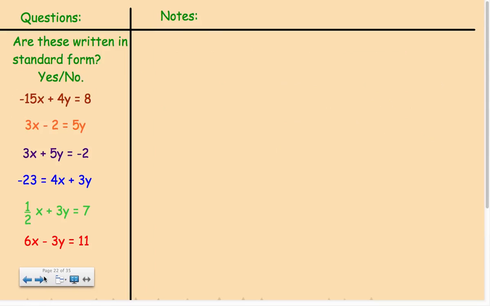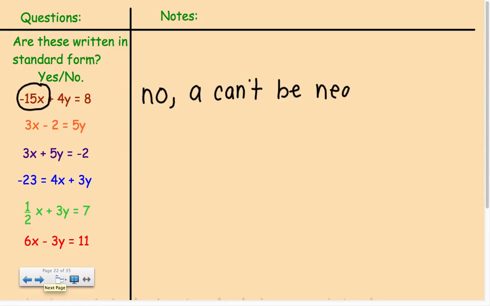Let's look at some standard form examples and figure out whether or not they truly are in standard form. So this first one, negative 15x plus 4y equals 8. A cannot be negative, so this one is not in standard form. So no, A can't be negative.